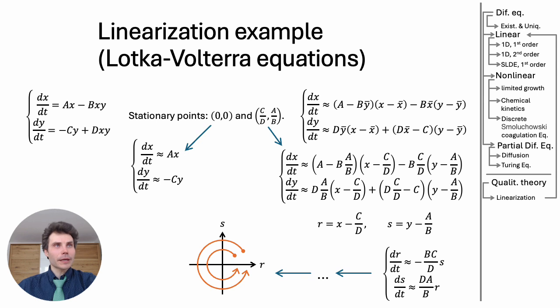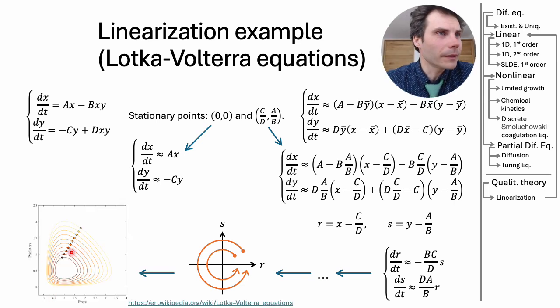However, particularly in case of the Lotka-Volterra system, one can prove that the behavior of the nonlinear system has the same pattern as the behavior of the linearized system. Namely, it does orbit around the stationary points in closed loops. Okay, that's just one of the cases, one of the examples.